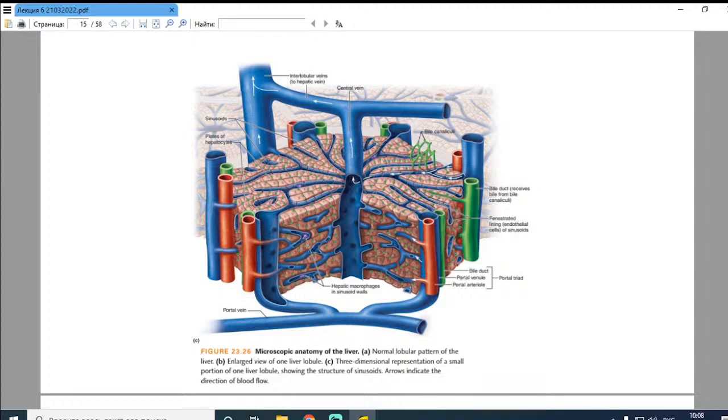In the angle of the lobule, located is the portal triad: bile duct, portal venule, portal arteriole.